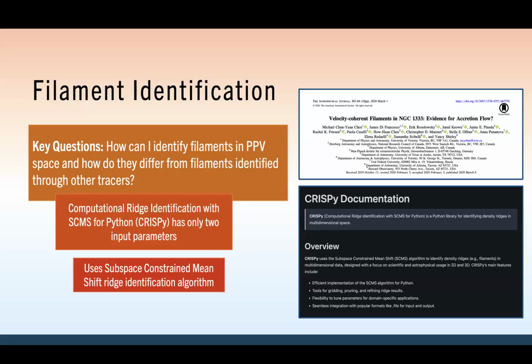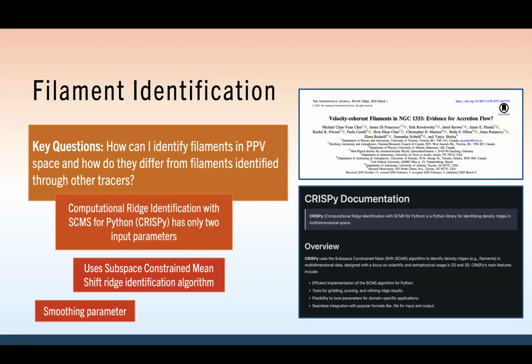But one of the benefits of using CRISPy as opposed to another filament identification code like FilFinder or DisPerSE is that not only can it be used for an n-dimensional cube, in this case a 3-dimensional cube, but it only has 2 input parameters.